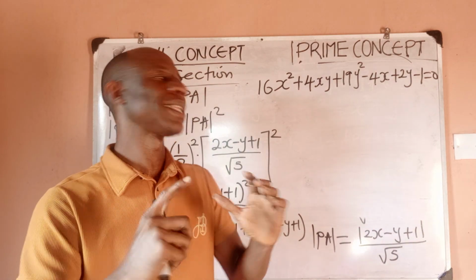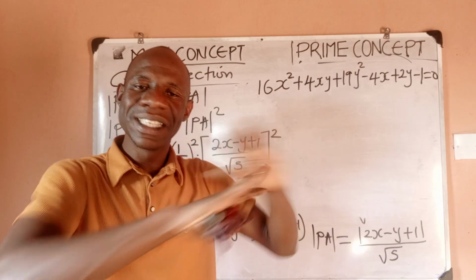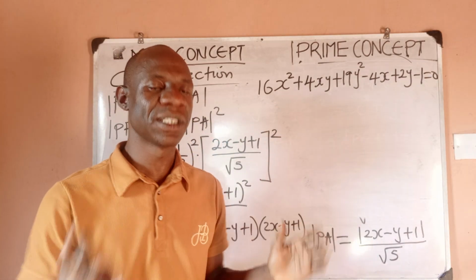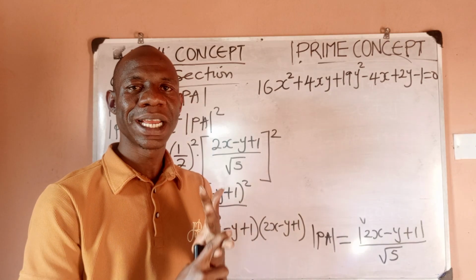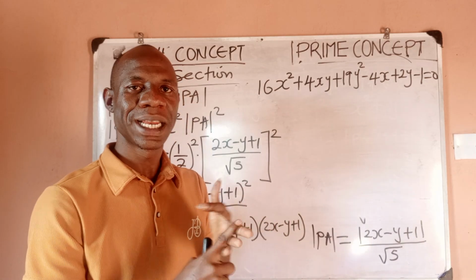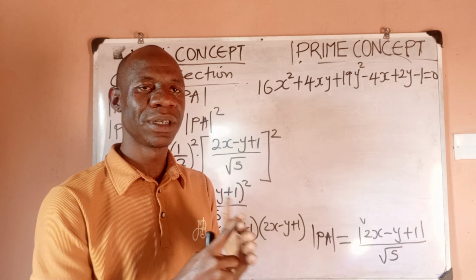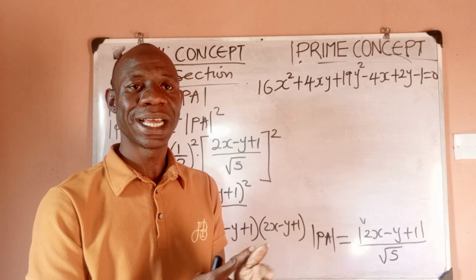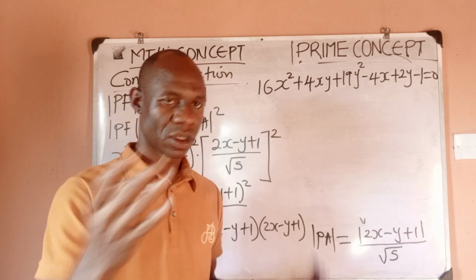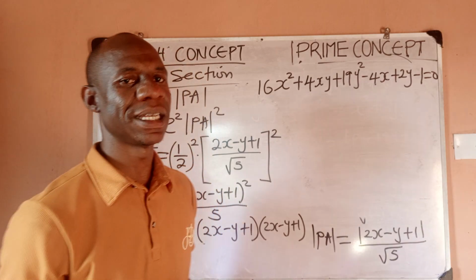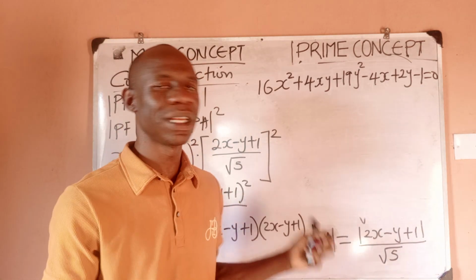When you understand these terms, you won't have problem with any question under parabola, ellipse, and hyperbola. You'll be learning focus, vertex, eccentricity, directrix, asymptote, and one more point, latus rectum. So we'll be learning all these things.